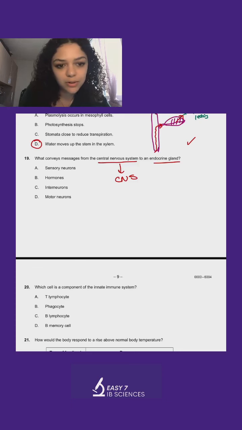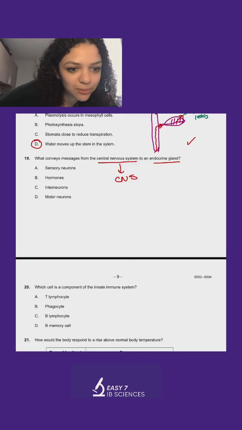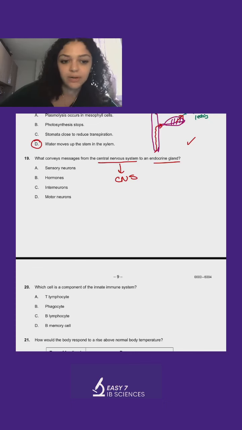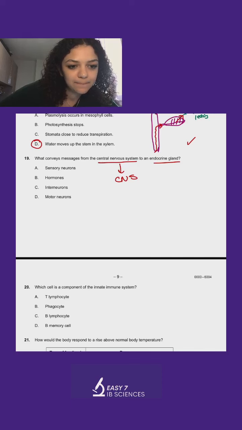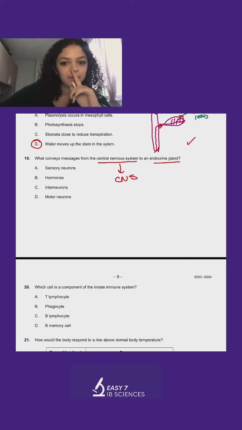Motor neurons. Very good. Someone said motor neurons. Nice. CNS is the brain and spinal cord. Very good. Interneurons. All right. Okay, this one's a bit iffy, so I'll give you guys a second.